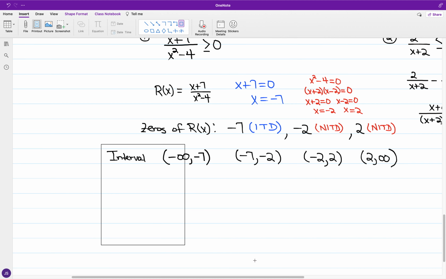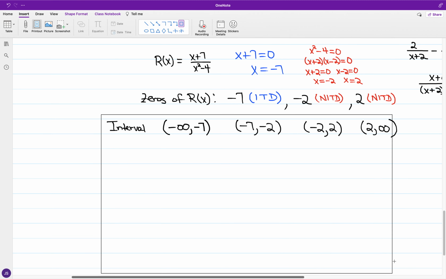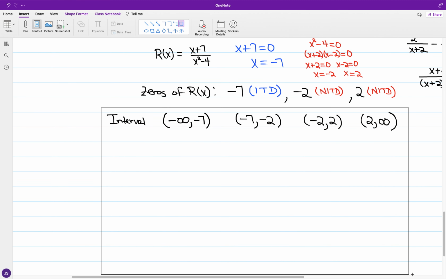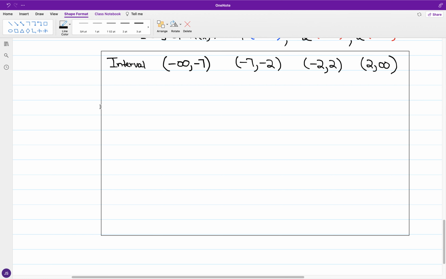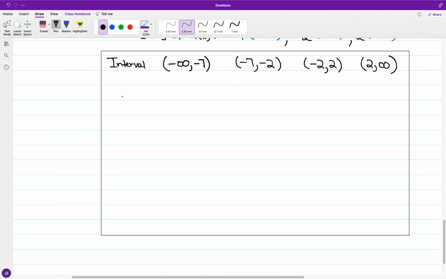Now we have the next row. We're looking at selecting inputs. So for the test values, anything less than -7, we go with -8.